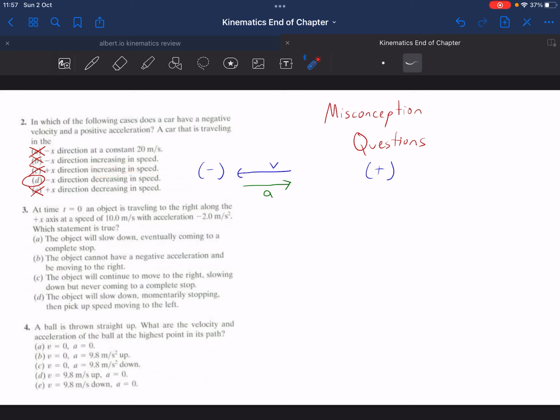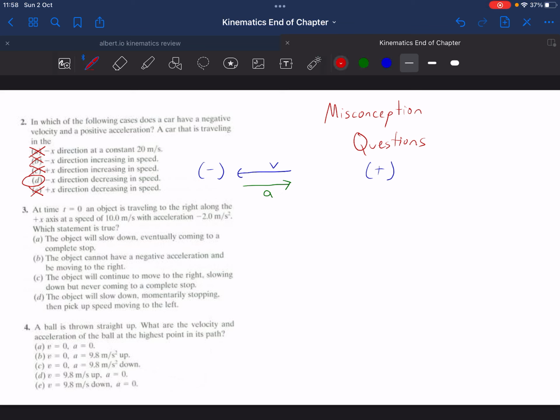So some people will read this problem and see positive acceleration and see increasing in speed and go, oh, must be this one. But that is incorrect. Positive acceleration is only indicating the direction of the acceleration. We have to look at the direction of the motion to figure out if it is speeding up or slowing down.